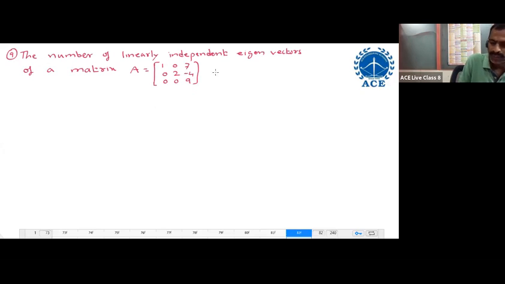The number of linearly independent eigenvectors of the matrix A is?